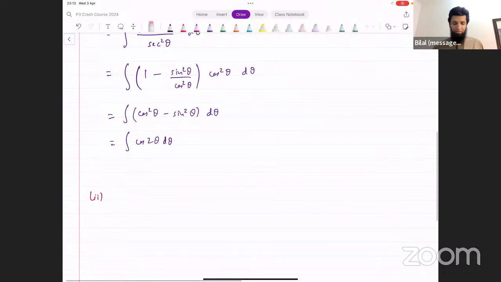Where exactly? Okay, in this? Fine. Yeah, we have brackets here, so it's multiplying with the whole thing. Okay, sir. All right.